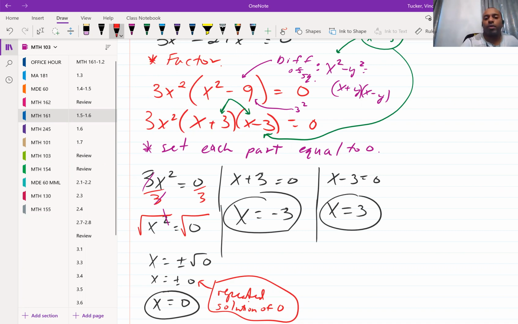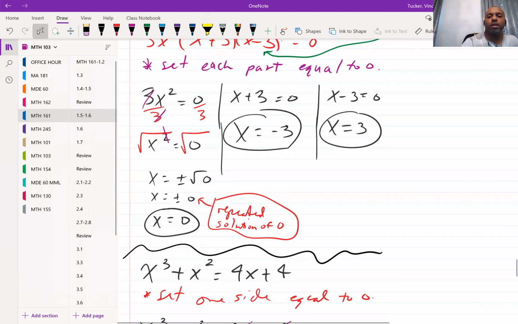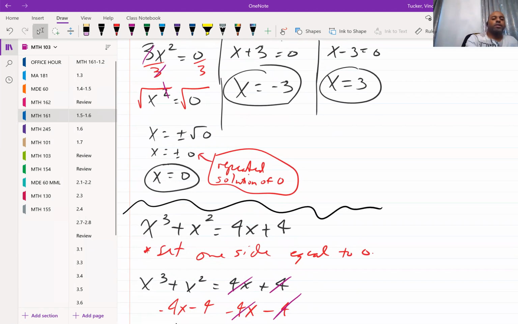Any questions before we go to the next one? So the next one is x cubed plus x squared equals 4x plus 4.